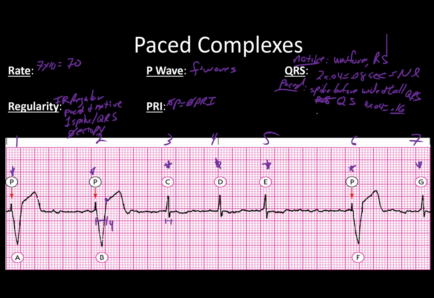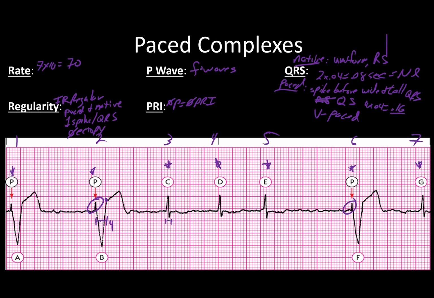These are the hallmarks of ventricular pacing. You've got that sharp spike in front of it, and what I mean by spike, it's this solid black line that you see immediately followed by something happening in the heart. And in this case, it's a wide QRS, so that's how you can tell it's V-paced.